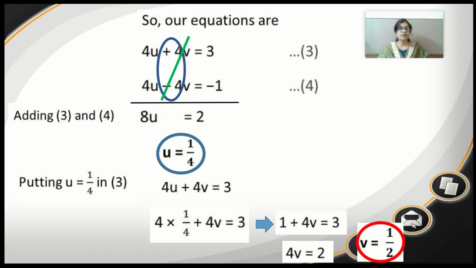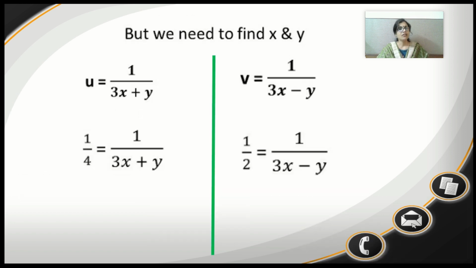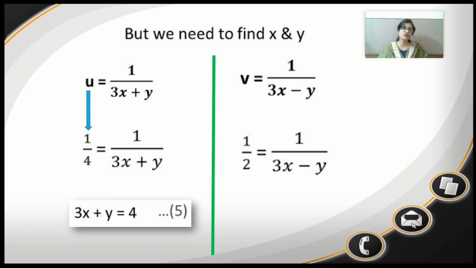But again, we do not want the value of u and v as our final answer. We want the answer in terms of x and y. So let's see. We have taken u as 1 upon 3x plus y, but the value of u we have calculated as 1 upon 4. So 1 by 4 is equal to 1 upon 3x plus y. After cross multiplication, we get 3x plus y is equal to 4 as equation 5.